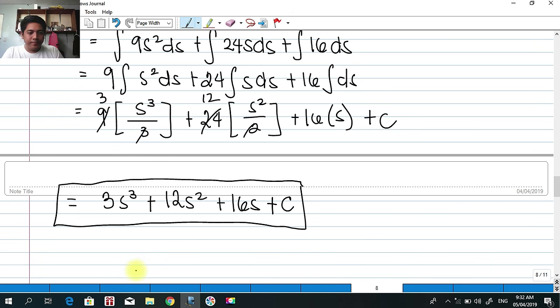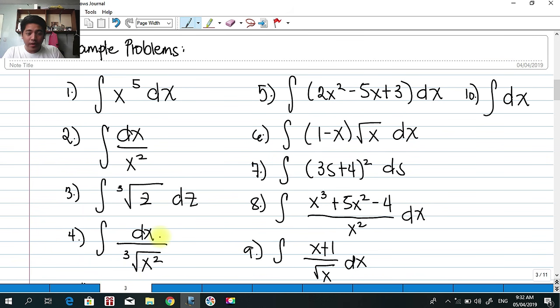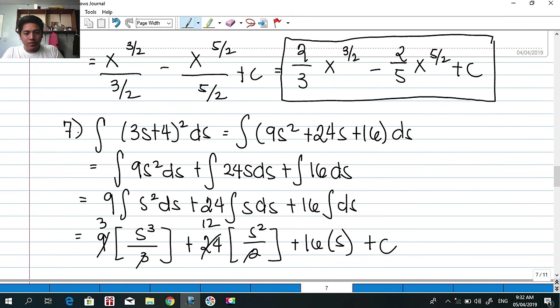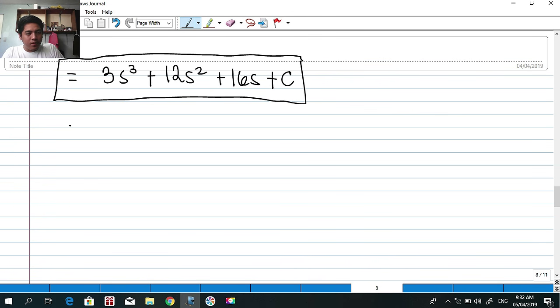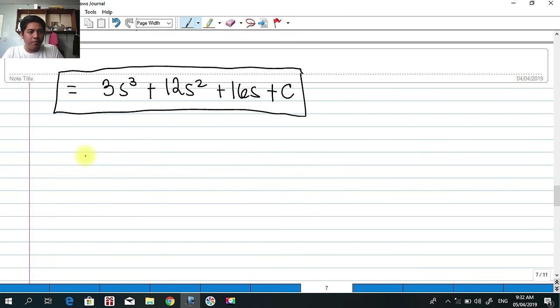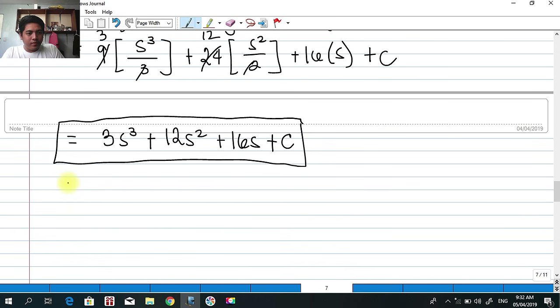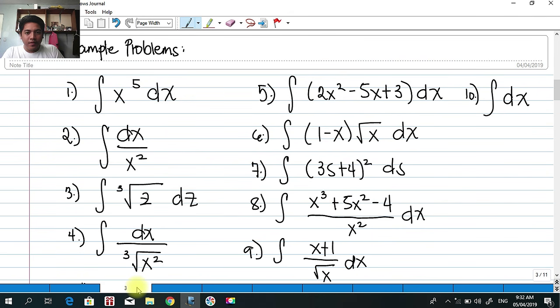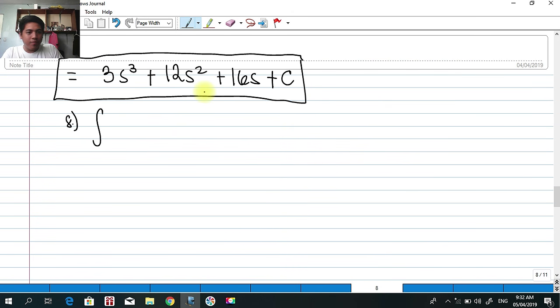Okay, so for number 8, we have the integral of x cubed plus 5x squared minus 4, divided by x squared dx.